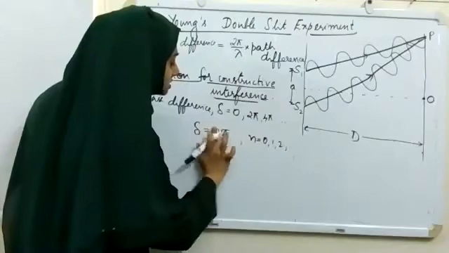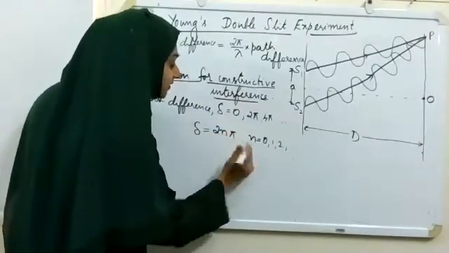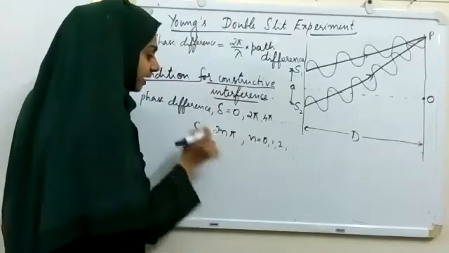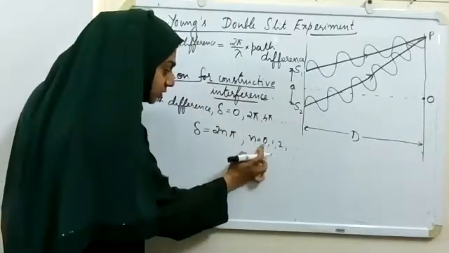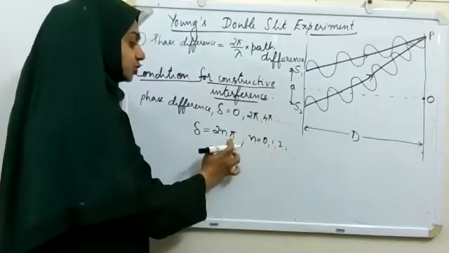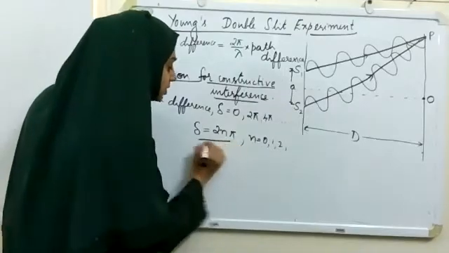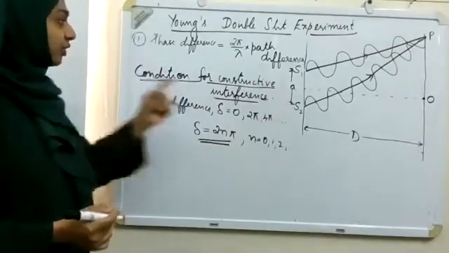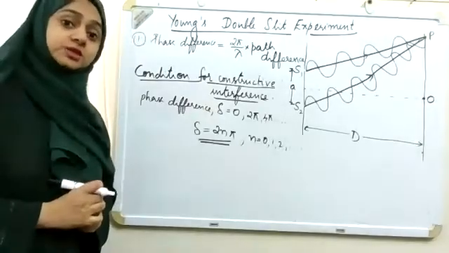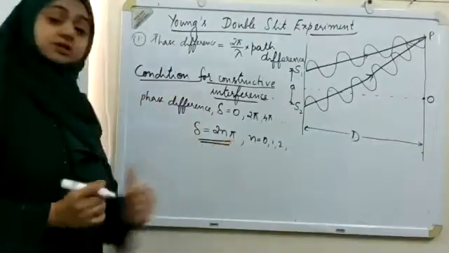Where n is equal to 0, this will be 0. If n is equal to 1, this will be 2 pi. If n is equal to 2, this will be 4 pi. So this is the condition for constructive interference to take place. We got the condition in terms of the phase difference.